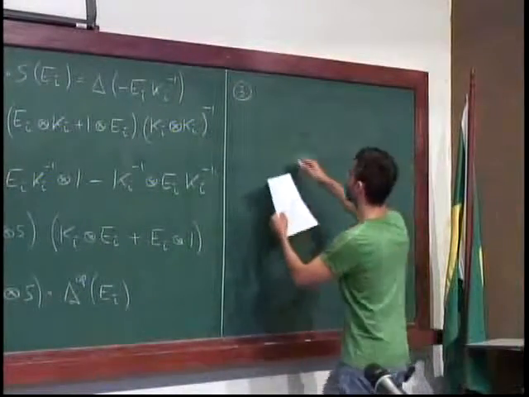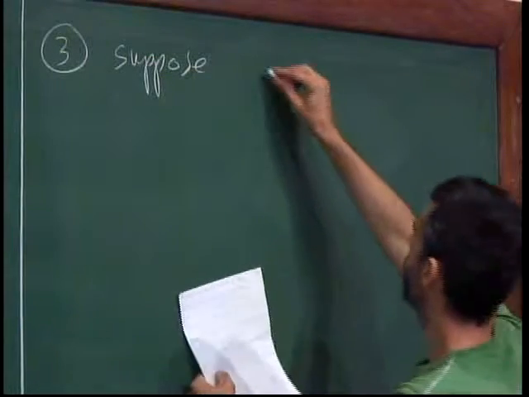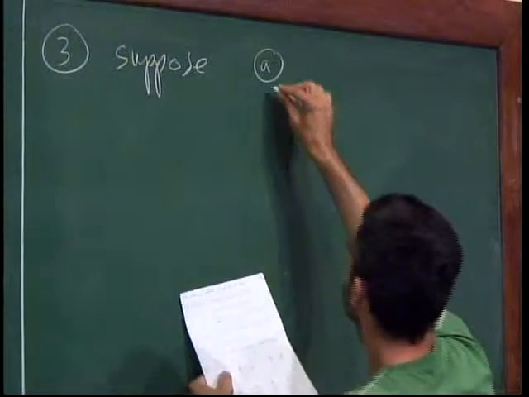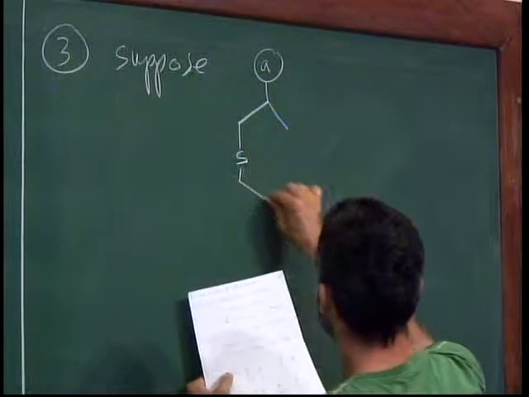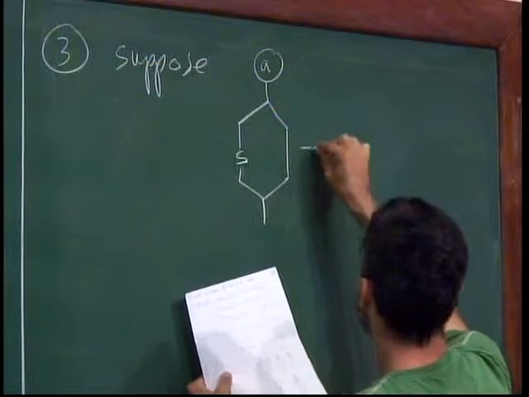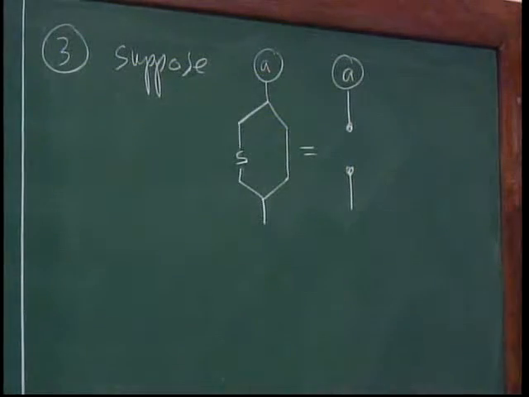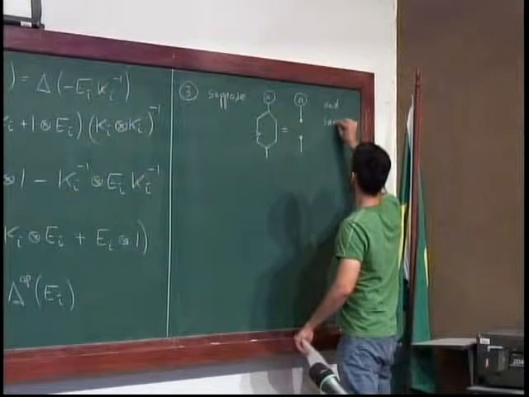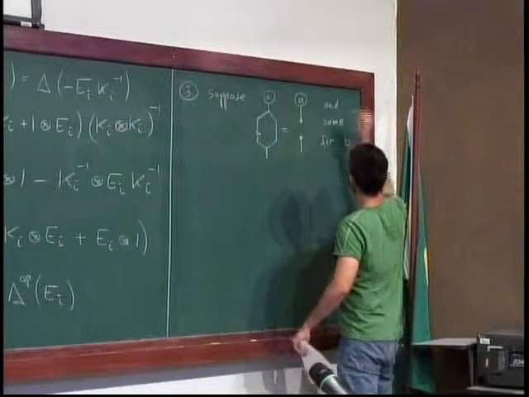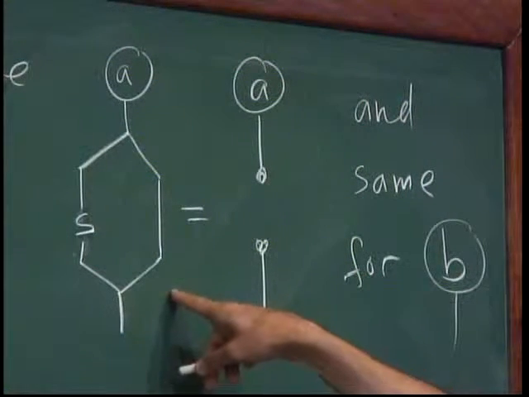So suppose I have this equation for an element, let's call it the element little a, and the relation, so here I put the antipode, so that's the relation. And then I have another element, b, and the same relation holds for b.